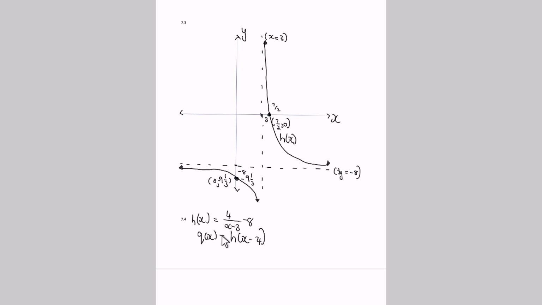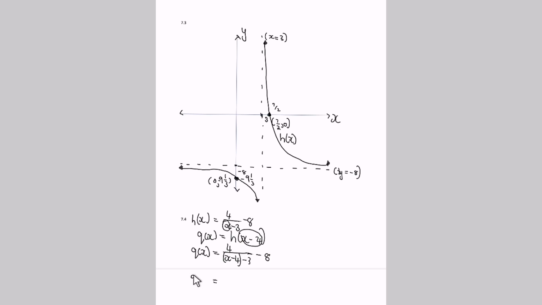Okay, that means that where there is an x in the original equation of h(x), we need to substitute in x minus 4. That means we'll have q(x) equals 4/(x minus 4 minus 3) minus 8.